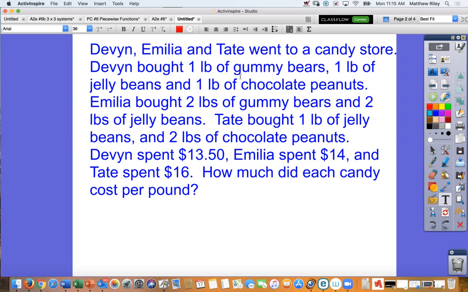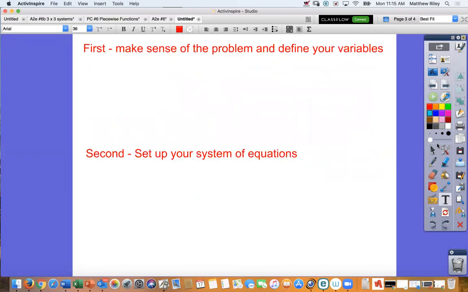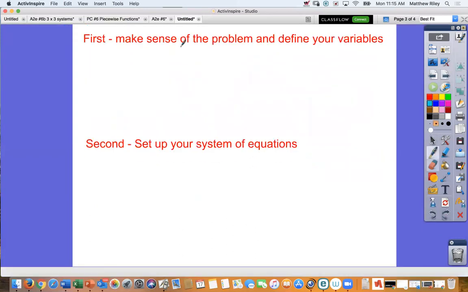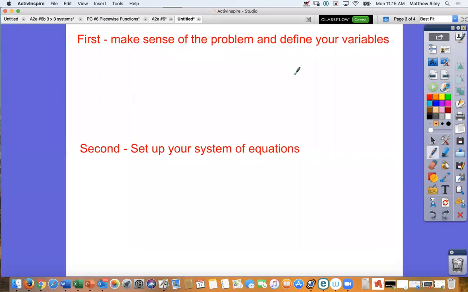The very first thing I do is look at Devin. She bought 1 of each. So make sense of the problem and define your variables. I'm trying to find out how much each pound costs.